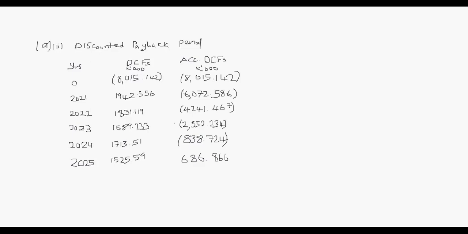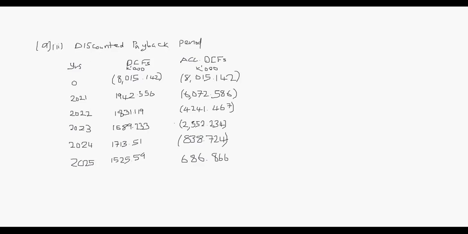Okay, so we are positive in 2025, meaning that we are recouping our investment between 2024 and 2025, which is 4 years and some months. So we need to know the specific period in which we are recouping our investment.